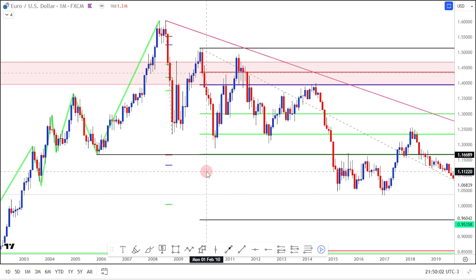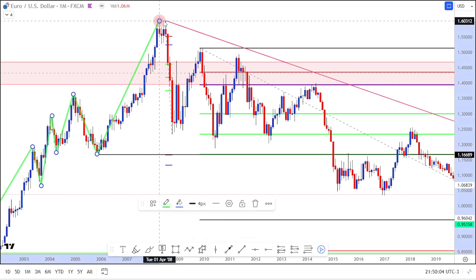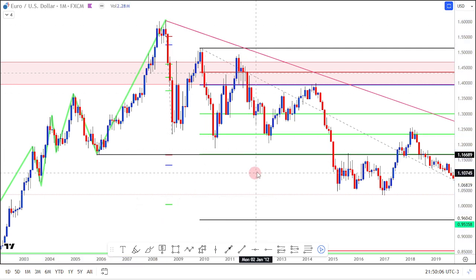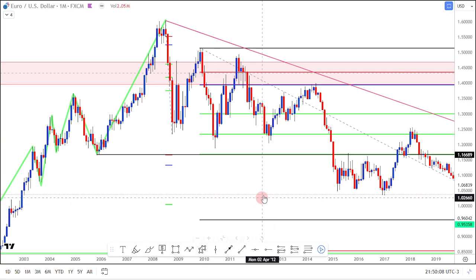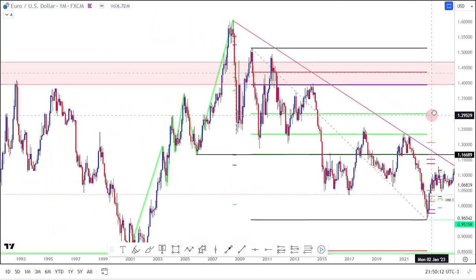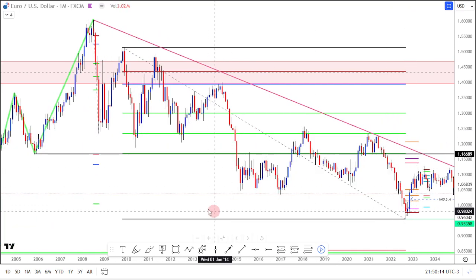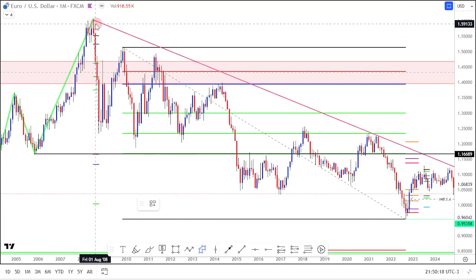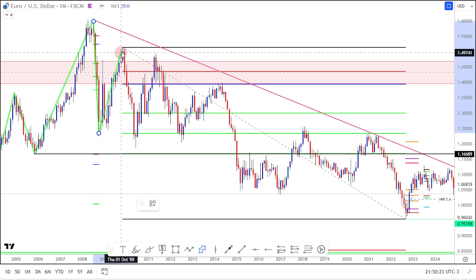So all of these guys, let's do it like this. This is the highest. So all of these guys here, from here, previously the market first started making all of these lower lows that are not relevant on the monthly time frame.